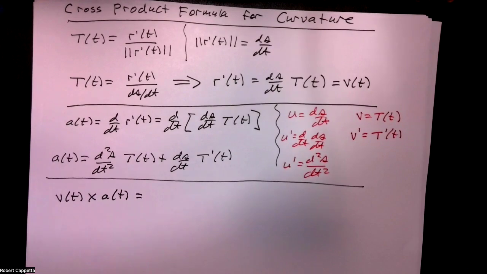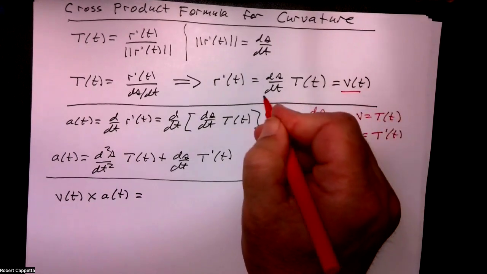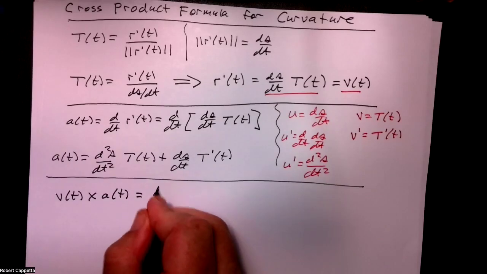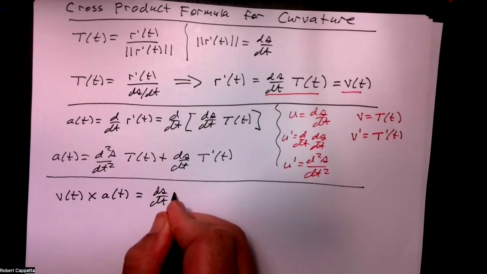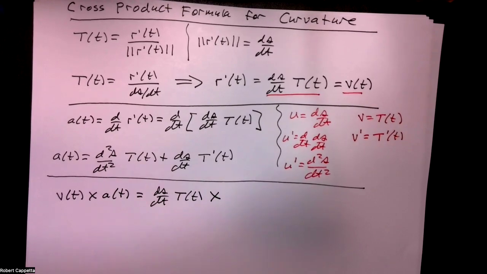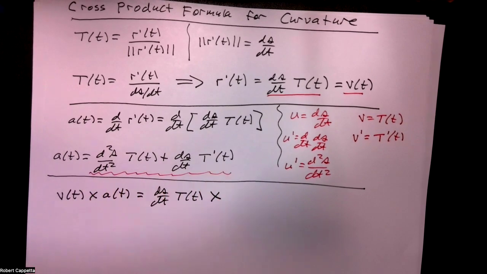What's that going to be? V of t is up here. V of t is ds/dt times T of t, cross a of t. Where is a of t? A of t is all of this.